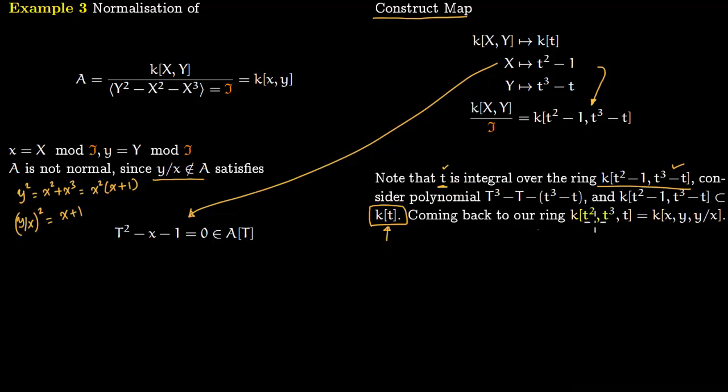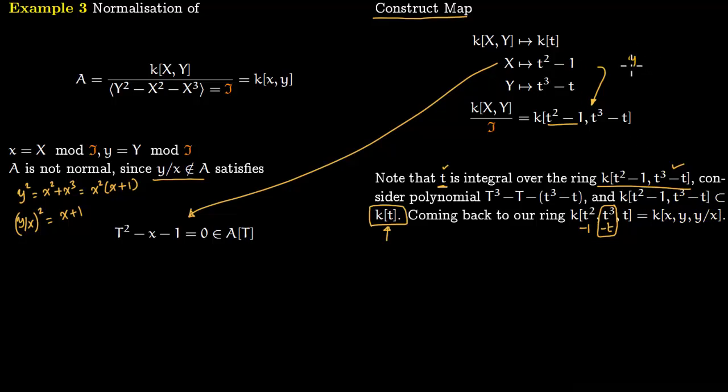So this is the normalized ring because you have to have t in the ring. So that is it. If you want to come back to the ring, you have to join this t to it. So again you will have t square minus 1, and t cube minus t, second parameter. First parameter is t square minus 1, and then you join t to it. So this will be k[x, y, y by x].